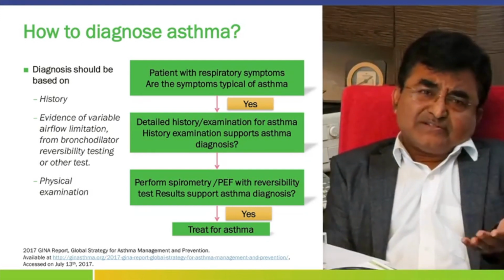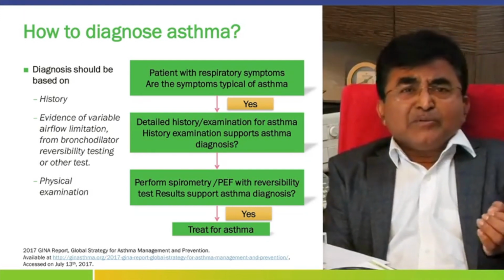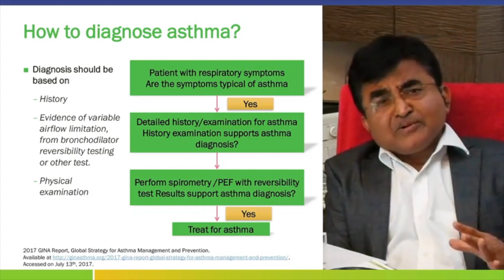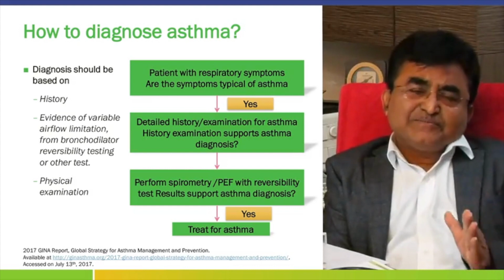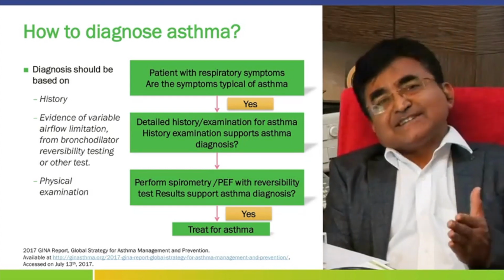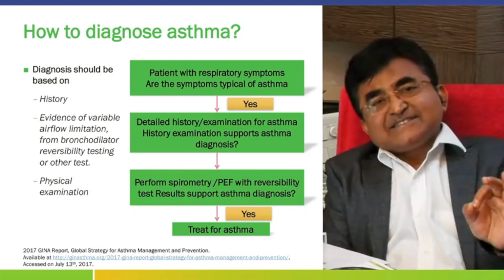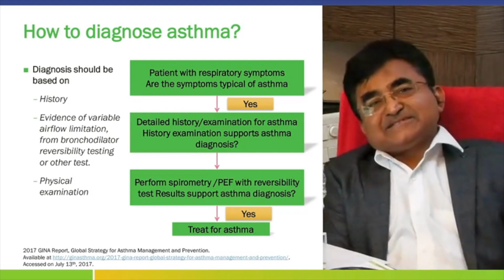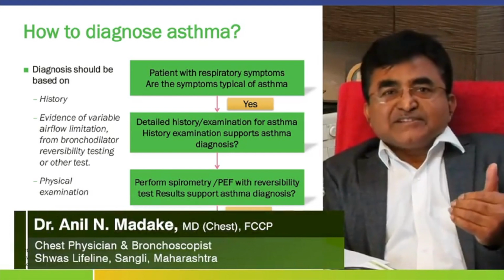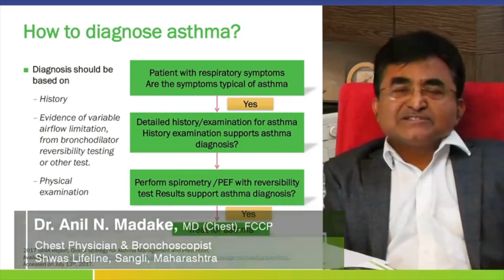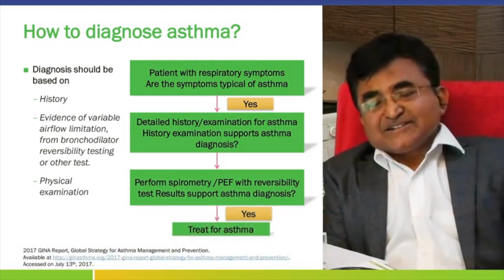Now what you have to do is, you have to do a pulmonary function test. So you perform PFT, that is pulmonary function test, and in this pulmonary function test, friends, the reversibility test is very, very important. What is this reversibility test? First, the patient has to perform the pulmonary function test without any bronchodilator.